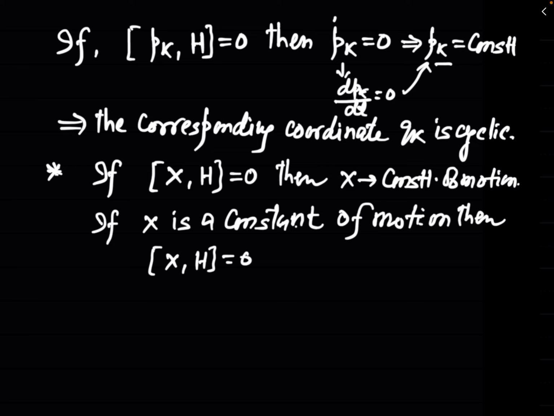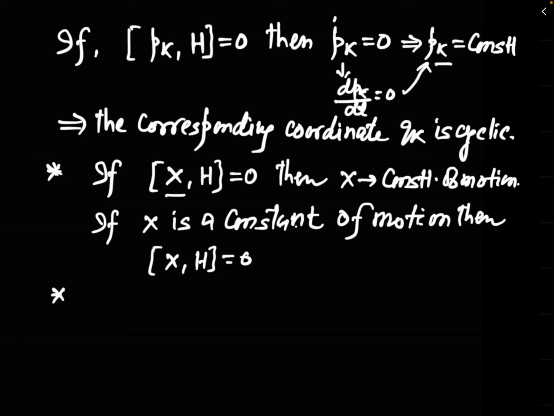So these two conditions may be combined in a single statement, that the necessary and sufficient condition for a function x to be a constant of motion is that its Poisson bracket with Hamiltonian h must vanish.